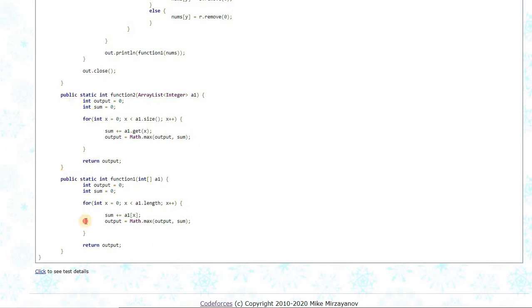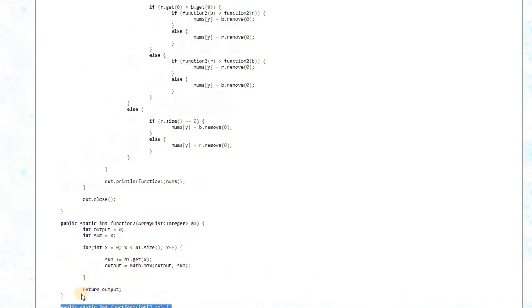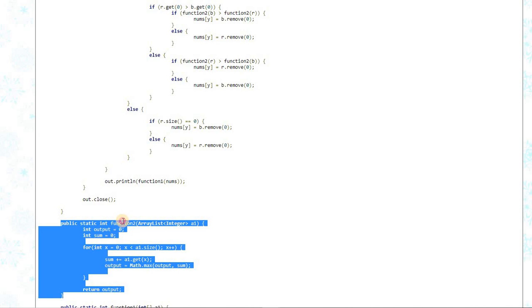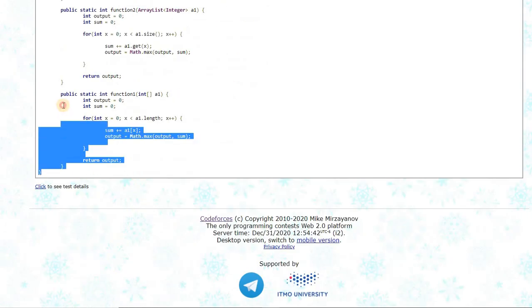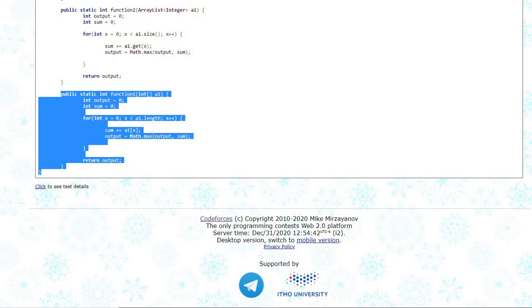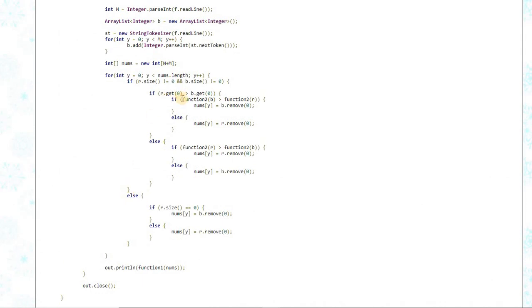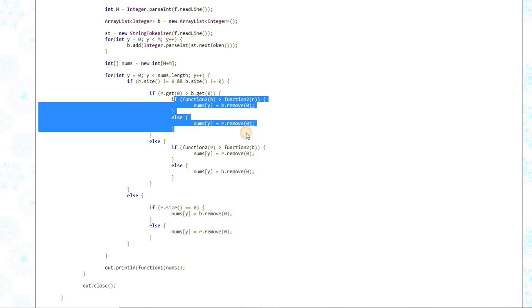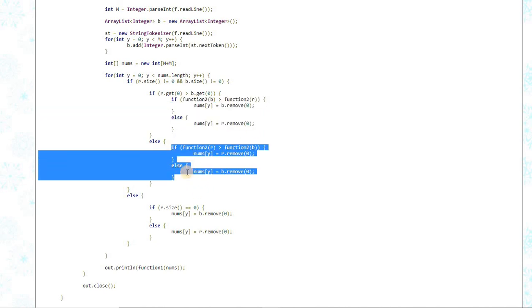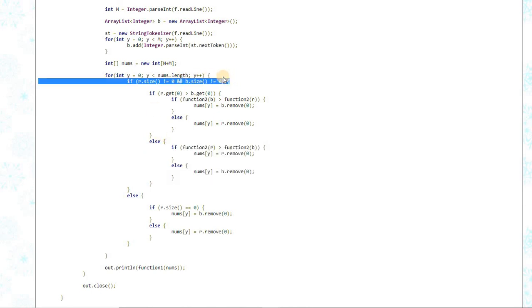But you have one function that finds the highest prefix sum of a list, and then you continually test that: the function of R, then take the first B, or take the first R, and vice versa. One thing you also have to check for is that the size of the array is not equal to 0.